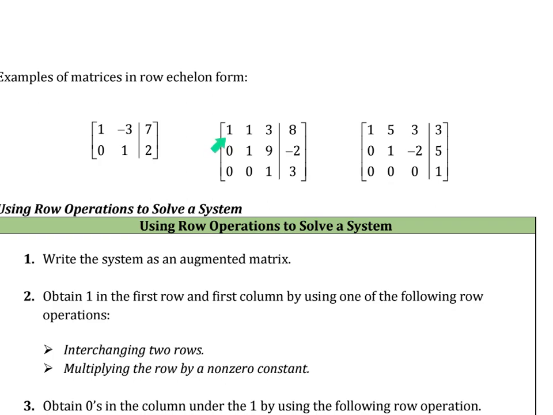We have 1s as our first entries in each row, and there are zeros always below each 1. Now above, we don't care. Look at this one. We have 1 as our first non-zero entry, 1 as our first non-zero entry, and then in this row, we have a bunch of zeros, and then we have our 1. Below our 1s, we have zeros.